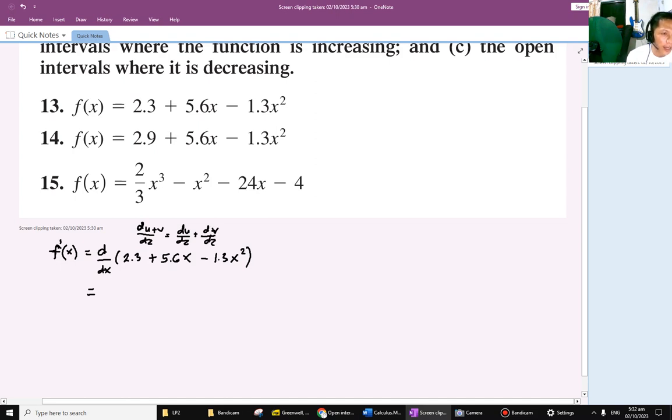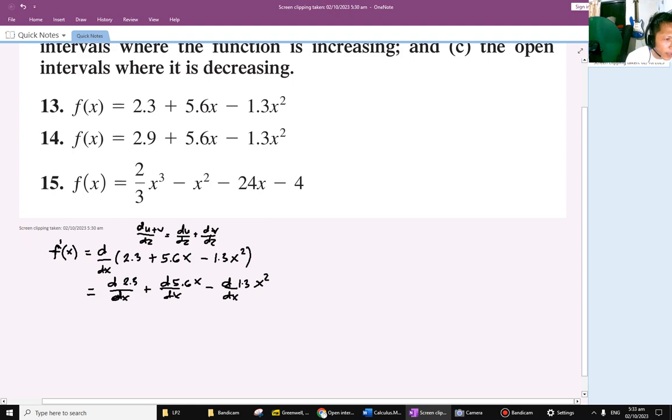So this will be separated, meaning you would have a derivative of 2.3 with respect to x, plus a derivative of 5.6x with respect to x, and then minus the derivative of 1.3x squared with respect to x. So we just distributed for the first line.